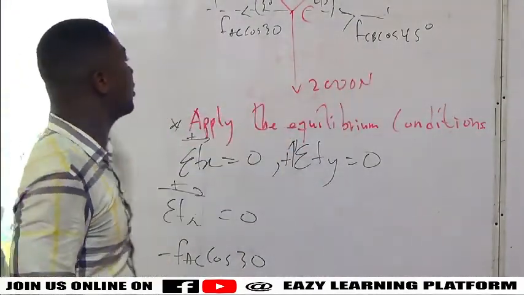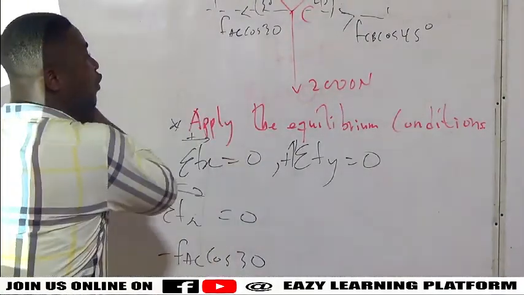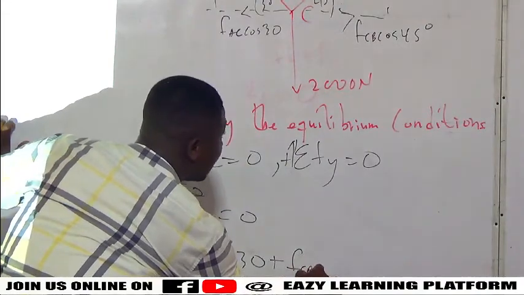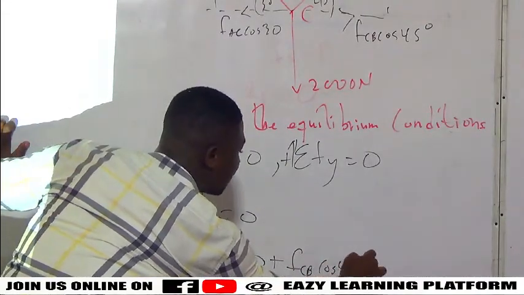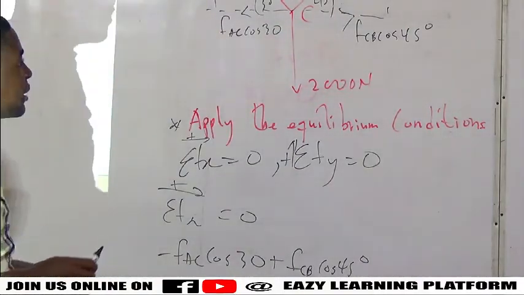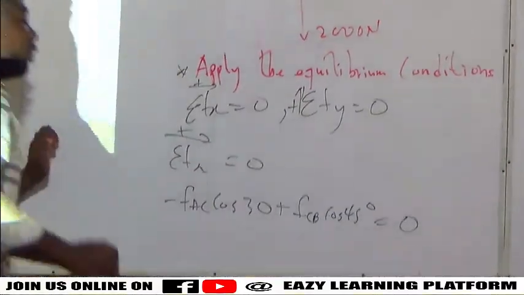Then this is also in the x. It's moving in the positive direction. We have plus FCB cos 45 degrees. Is that all for the x? I think there's no other forces in the x direction. So we sum it equal to 0.